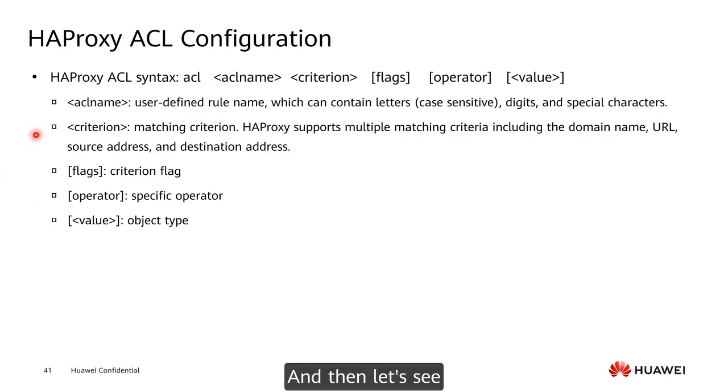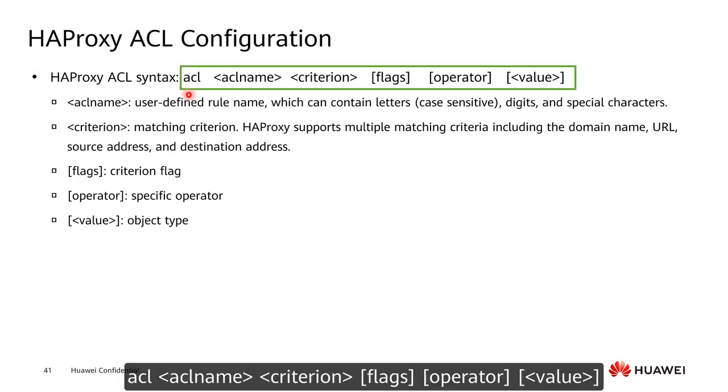And then let's see, HAProxy ACL definitions use a uniform format: acl, and then ACL name, criterion, flags, operator, and value.